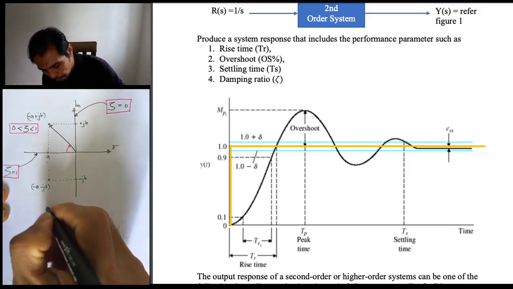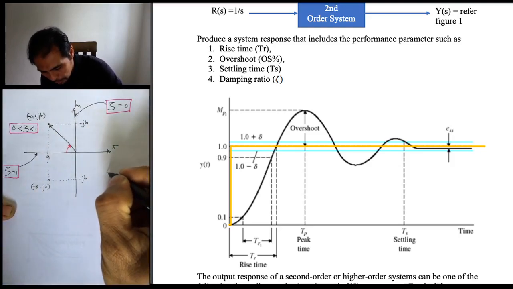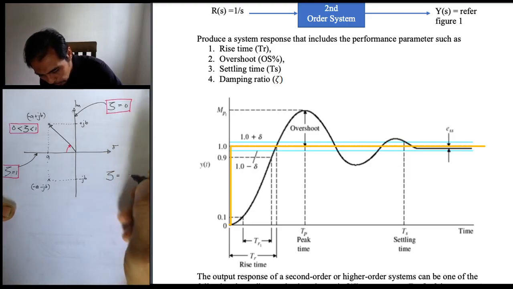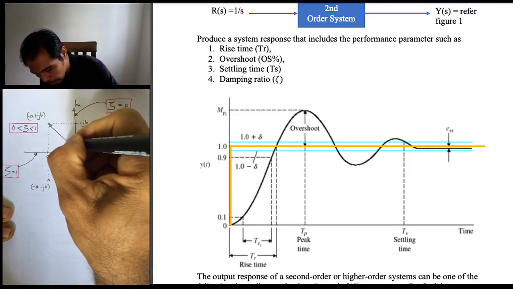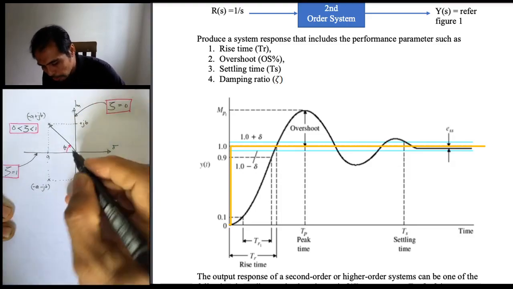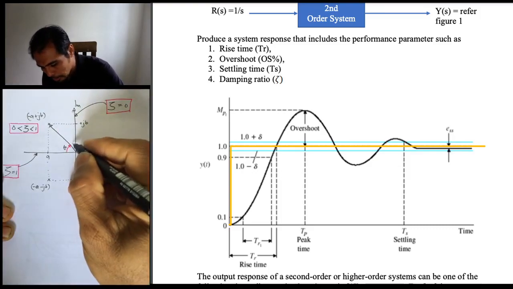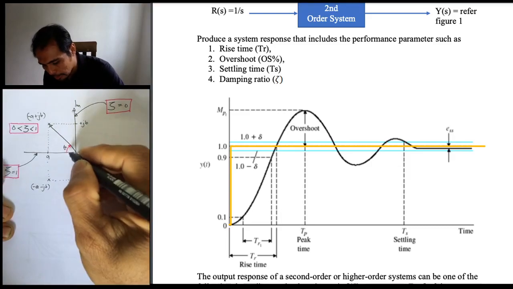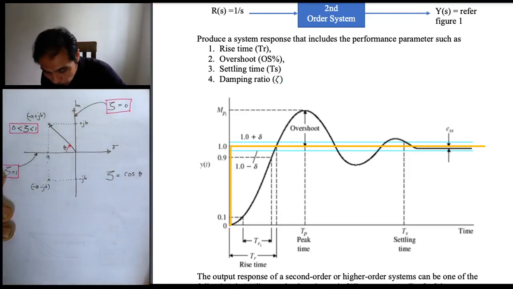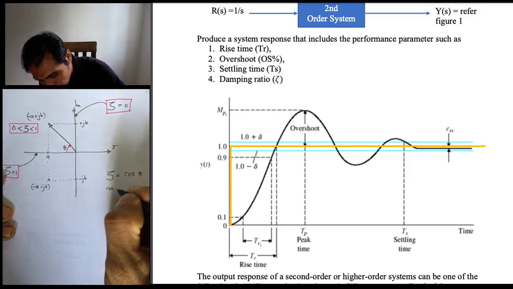So we can find the zeta equal to cos theta here, right? Cos theta. So if it is on this side it is minus 90, cos theta is 0, and then here at 0 or minus 180, it becomes 1, right?